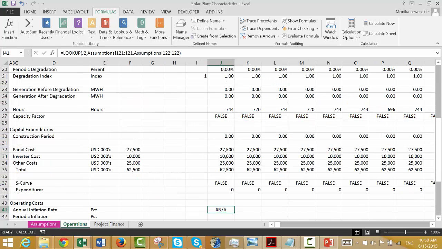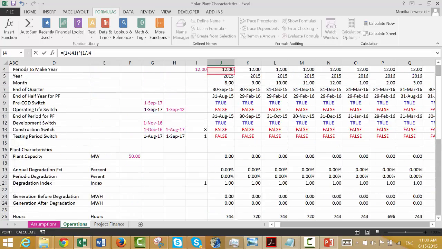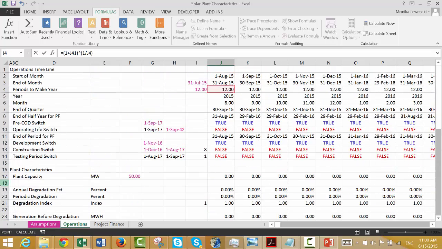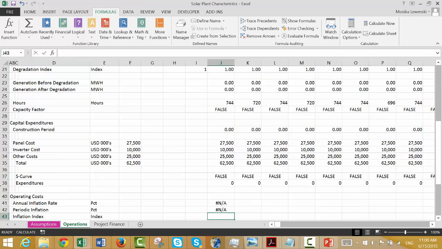Okay, so, and then the periodic inflation will be this plus this one raised to the 1 divided by, minus 1, and then we put 1, and we put equal this times this plus this one. How about we put if it's the operating period.